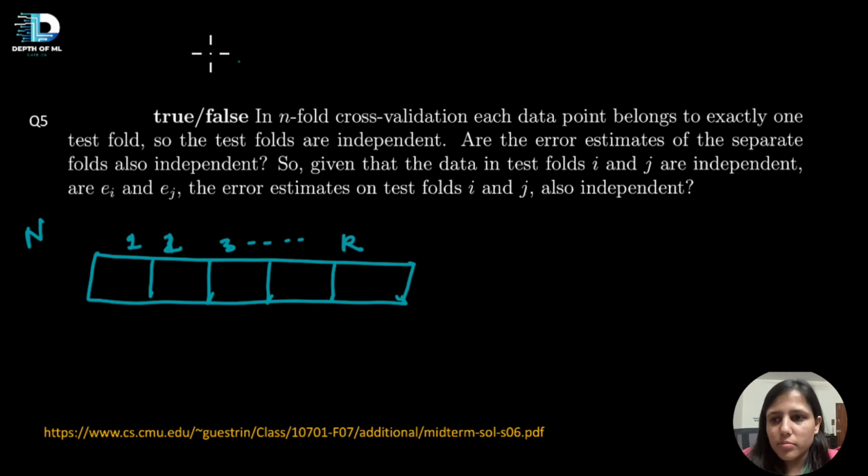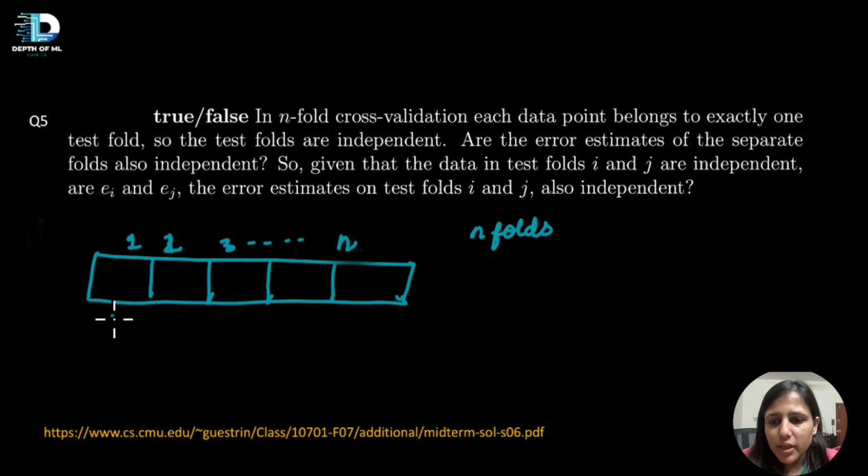Or here, because they are using n cross validation, let me be in sync with the appropriate notation. Okay, so these are n folds. In n-fold cross validation, each data point belongs to exactly one test fold, so the test folds are independent, right?